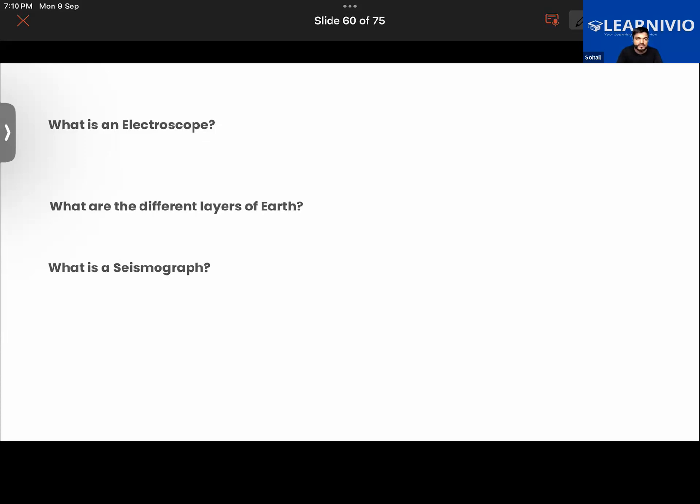The Earth is made up of three different layers, and they are the crust, the mantle, and the core. The outside layer of the Earth is made of solid rock. And there are two types of crust, which are oceanic and continental crust. Very good. And which one of them is semi-solid?